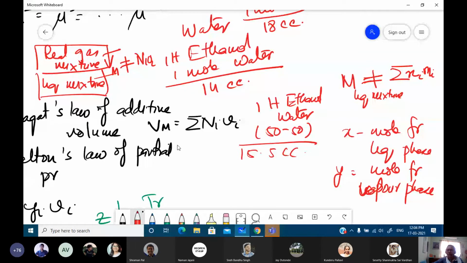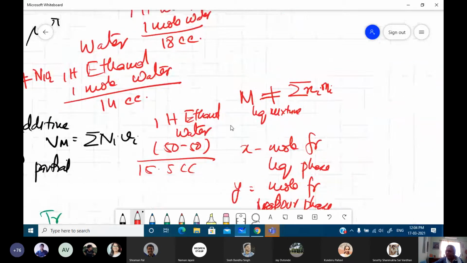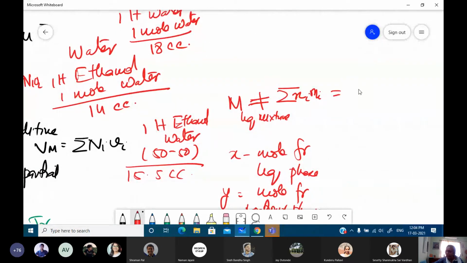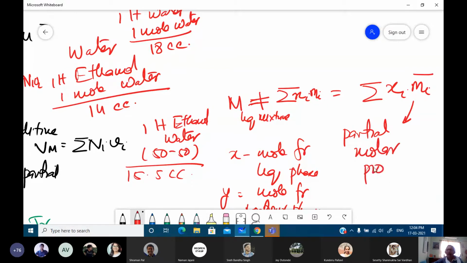Rather we find that this is equal to sigma Xi Mi bar, where Mi bar is known as a partial molar property. Now, this again adds to the list of properties that you have.